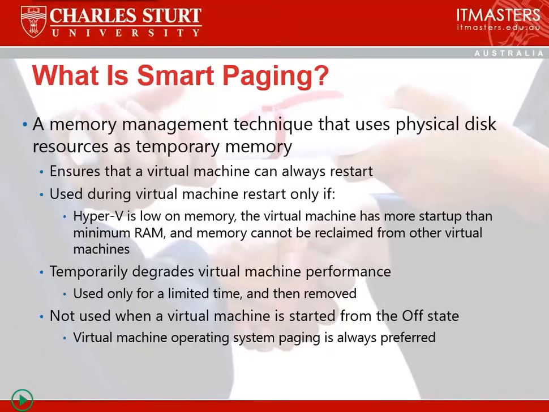And it's used during virtual machine restart only if Hyper-V is low in memory, or the virtual machine has more startup than minimum RAM, and the memory cannot be reclaimed. So it is basically looking at the paging, and it is decreasing or increasing your RAM based on the general usage.